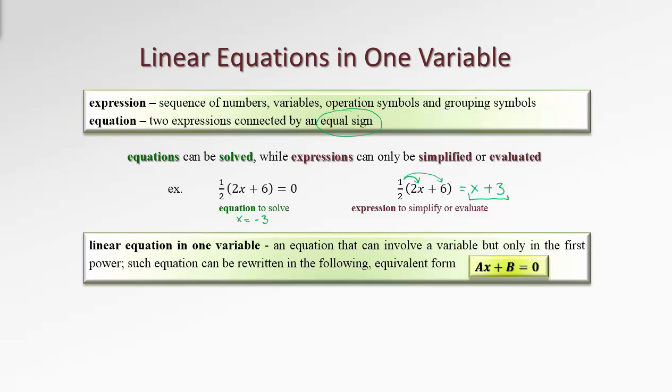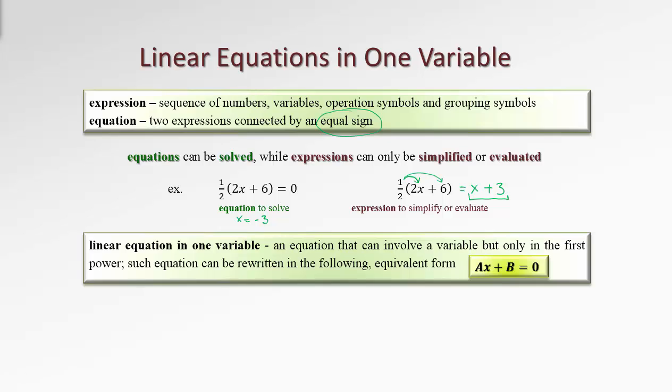What's a linear equation? Well, a linear equation in one variable is any equation that can be expressed in the form ax plus b equals 0. And it happens that any equation that involves a variable but only in the first power can be written in the form ax plus b equals 0.